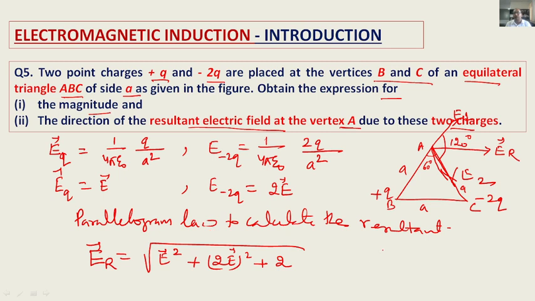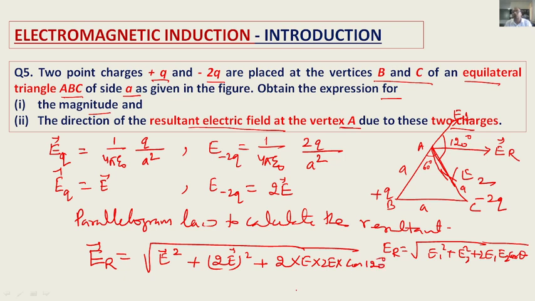The formula of parallelogram law is E1 square plus E2 square plus 2E1 E2 cos theta. Cos theta, theta is the angle between E1 and E2. So here it will be 2 into E into 2E into cos 120 degree. Cos 120 degree. That's why I told that 120 degree it is.